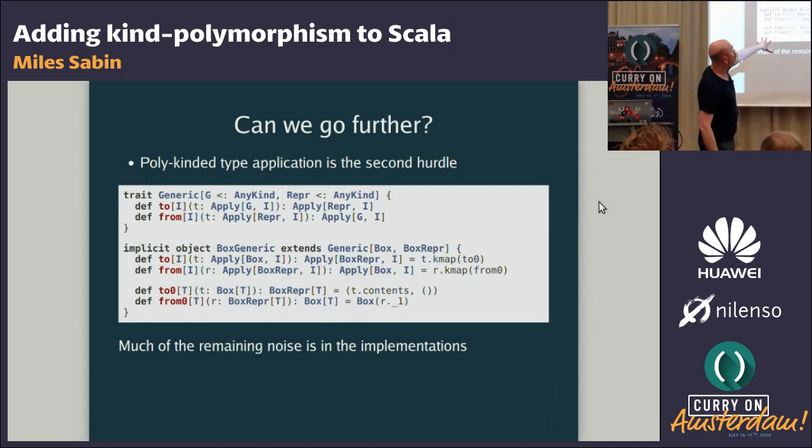However, once we know what the concrete type we're dealing with is, we can delegate the implementations of those to methods which are expressed in terms of actual applications of the type constructor that we're interested in, in this case Box, and the actual representation type that we're interested in. We can do that very simply, and it seems like the first two lines there, expressed in terms of the apply type constructor, are pretty much mechanical.